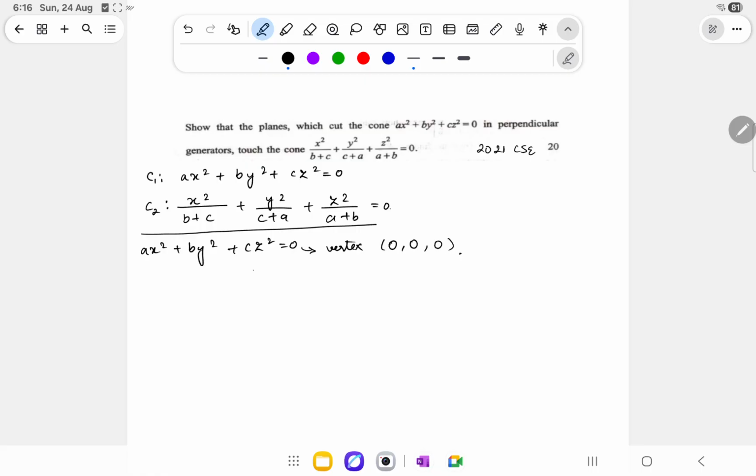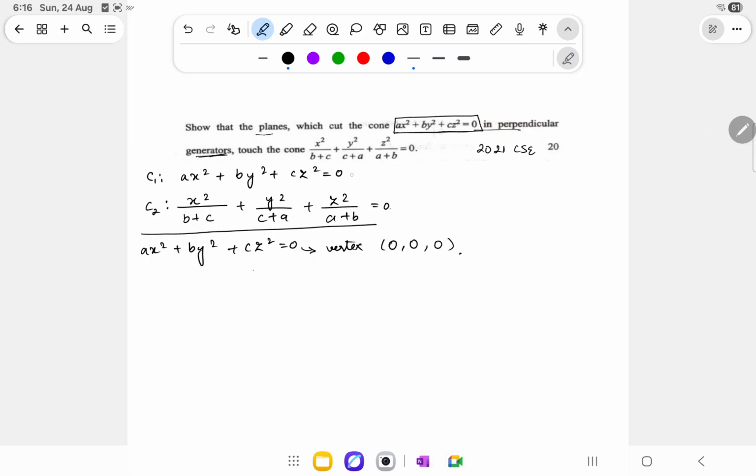Also, we are supposed to show that the plane which cuts this cone in perpendicular generators will touch the second cone. So first let us find the condition such that the plane cuts this cone in perpendicular generators.